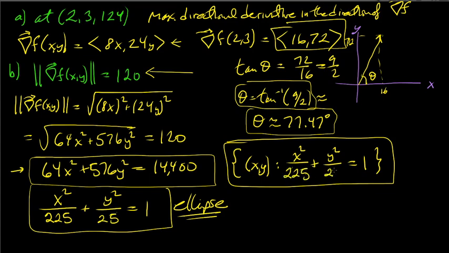So I was trying to do that in my head and I blew it. Sorry. Okay, so that's the equation of the ellipse then, and that's the answer and the answer key too. So, all right.